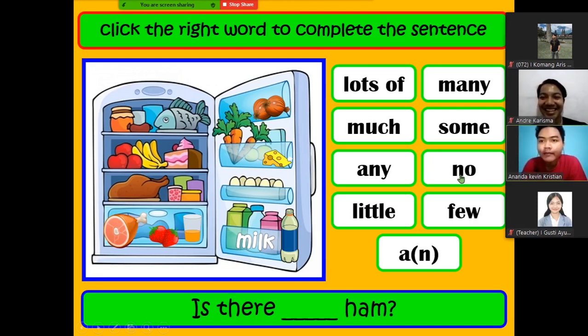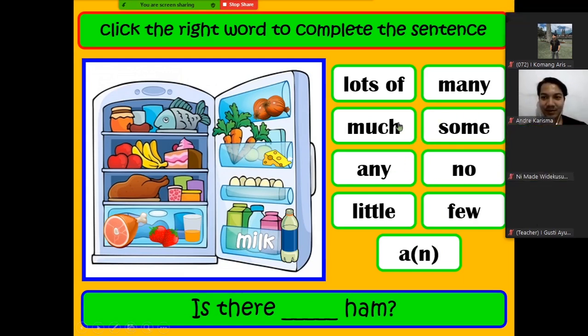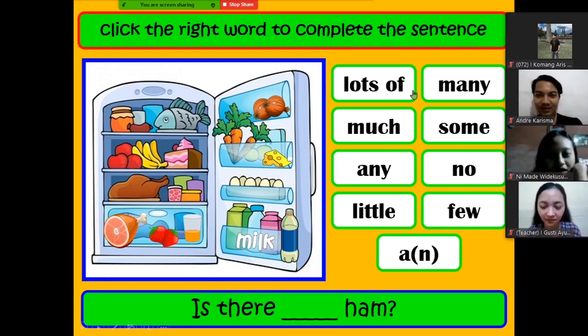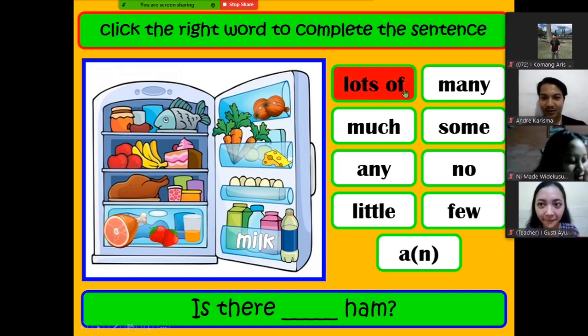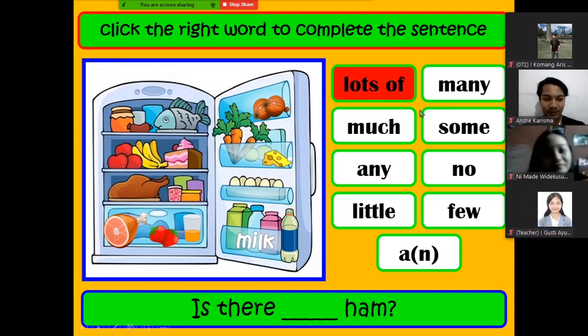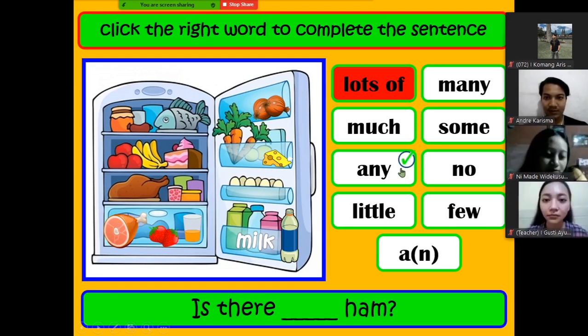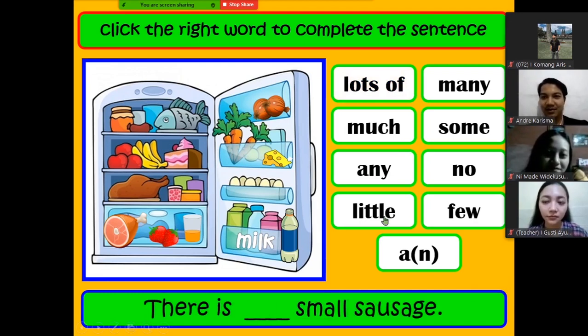Is there blank ham? The answer is maybe a lot of. Incorrect. You need to change your answer. Any, maybe. Great. Okay, we'll end these games.